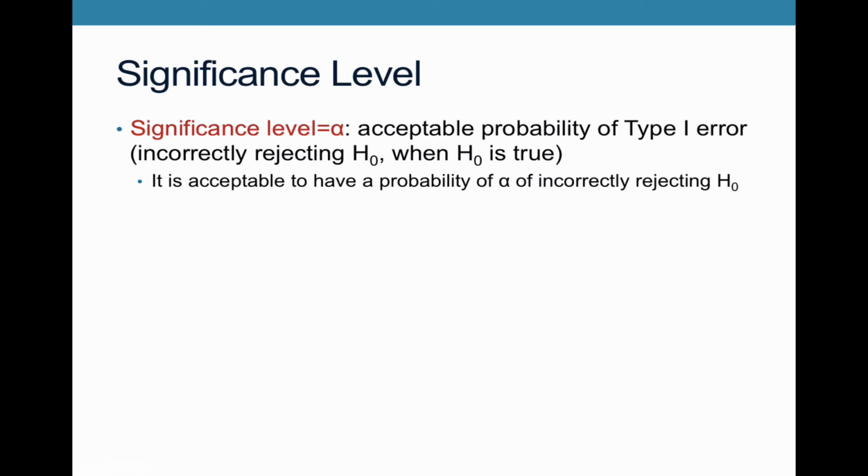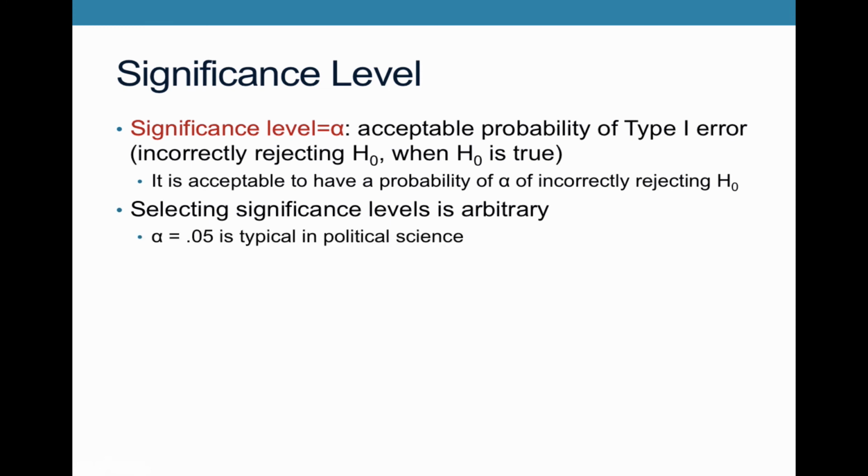So this is something that is set by the researcher. The researcher decides what level you're going to be reasonably confident that your results have some sort of level of significance, that they are meaningful enough. This is somewhat arbitrary, what level you set it at. In practice, an alpha, a significance level, of 0.05 is pretty typical in political science.